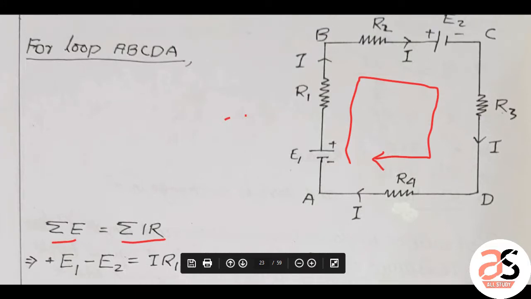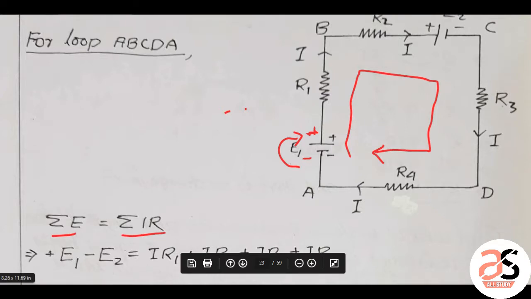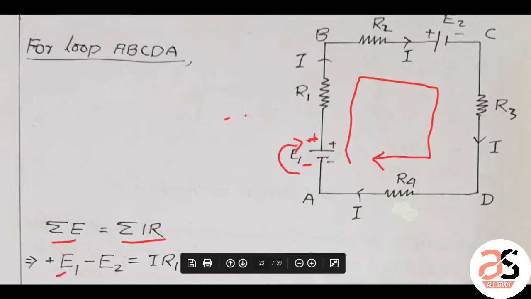First of all, let us check E. From here, E1 is here. We are moving from minus to plus, that means there is a rise in potential. So this E1 is taken as positive E1.